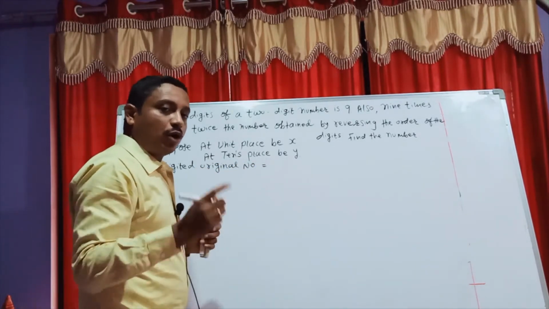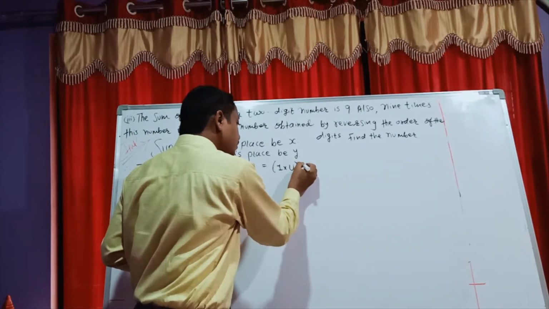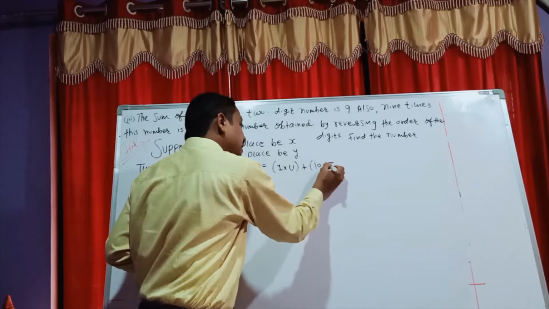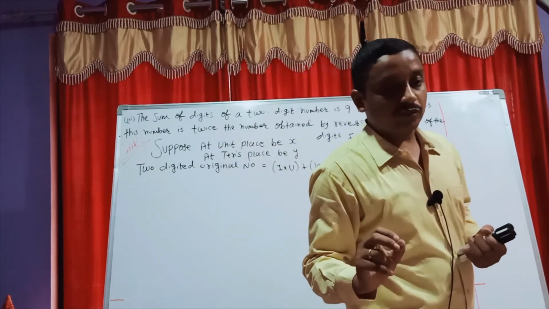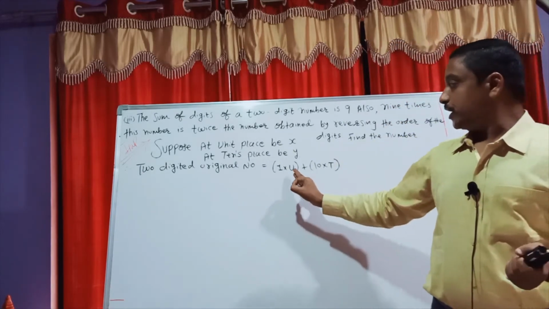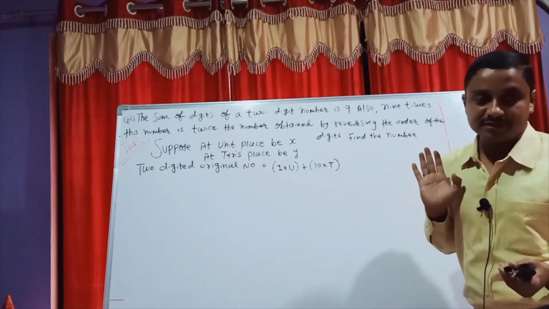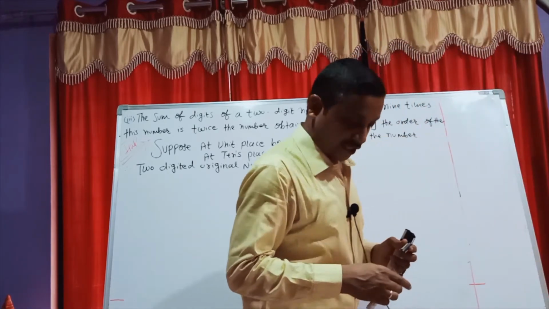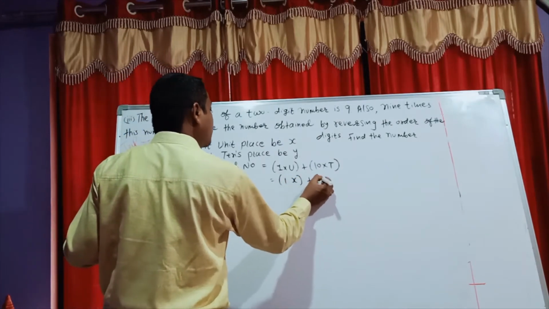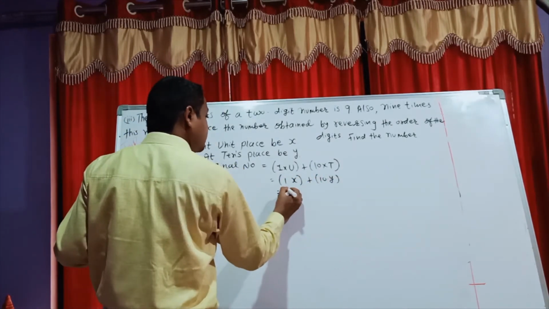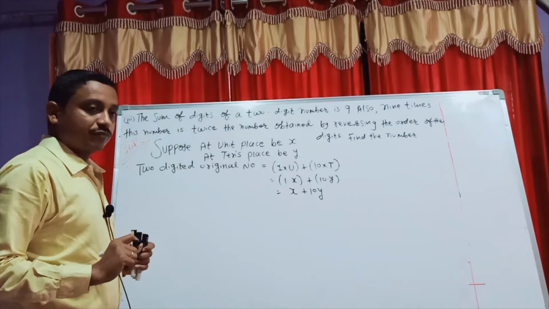Students, a 2-digit number is always 1 into unit place plus 10 into tens place. This is related to how you make the 2-digit number. Always U indicates unit place, T indicates tens place. So what do you get for the number? 1 into x and 10 into y. It means x plus 10y. This is your original number.